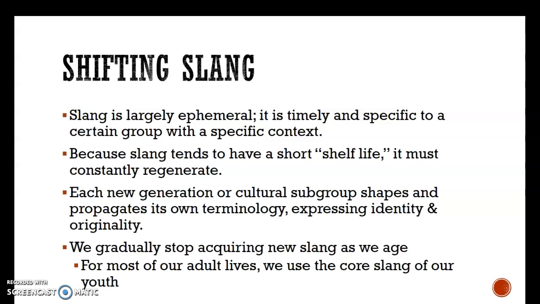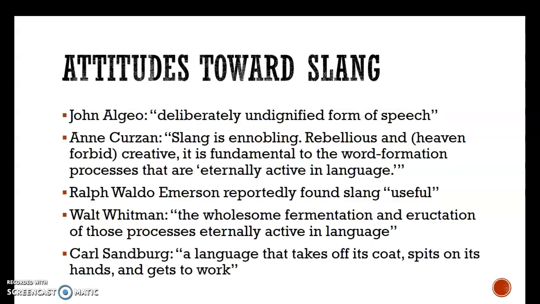So now I want to close the lecture by talking about what some linguists and what some writers have said about slang. The first is John Algeo, who called slang a deliberately undignified form of speech. Then we have Anne Curzon, who called slang ennobling. I like that word, ennobling.